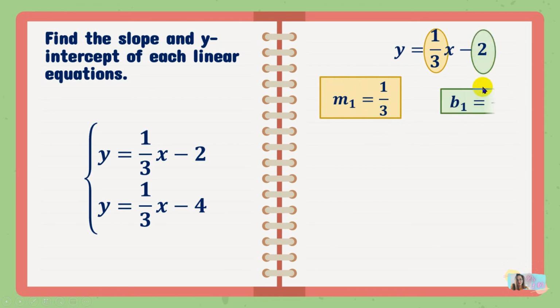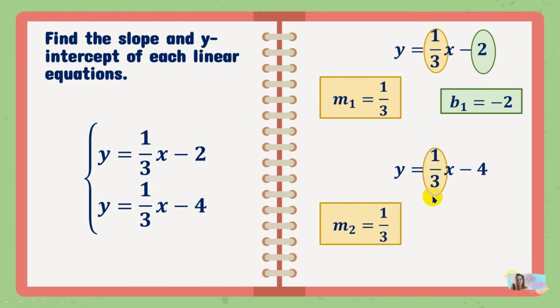Then the constant is our y-intercept. So, for the slope, we have positive 1/3, and for the y-intercept, we have negative 2. From our second linear equation, again, the numerical coefficient of x will be our slope, and that's 1/3. And for our y-intercept, the constant, and that is negative 4.